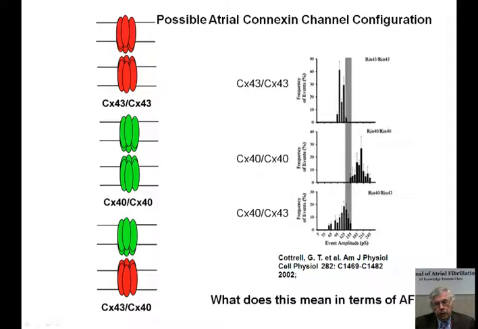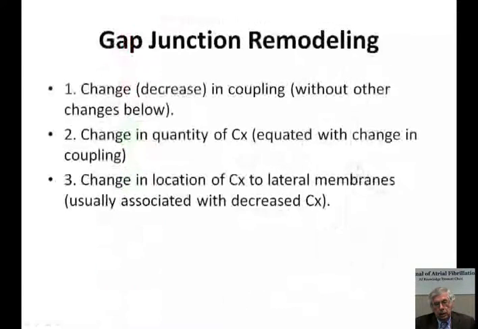It can also occur as a change in the quantity of the connexin, and this also changes coupling, and a change in the location of the connexin, and usually it shifts to lateral membranes, whereas in the normal heart it's located only at the ends of the cells in the intercalated disc.